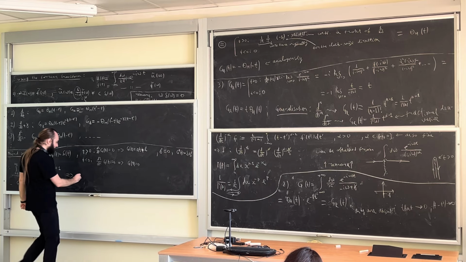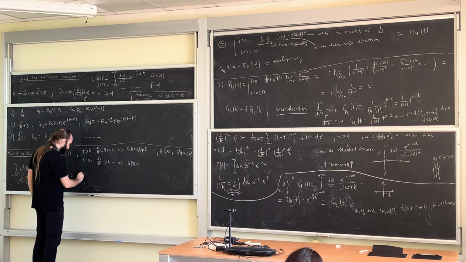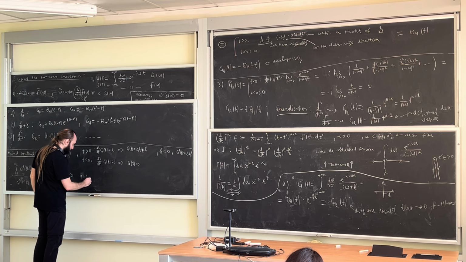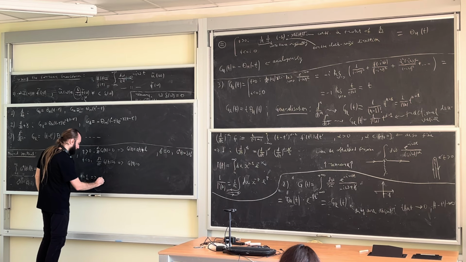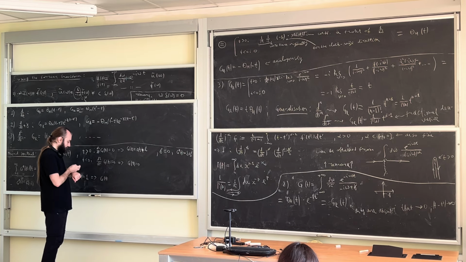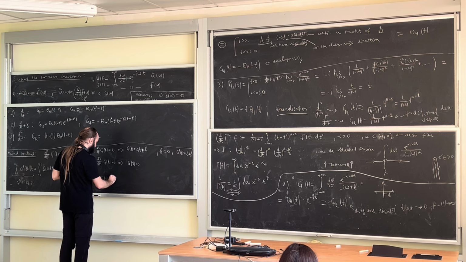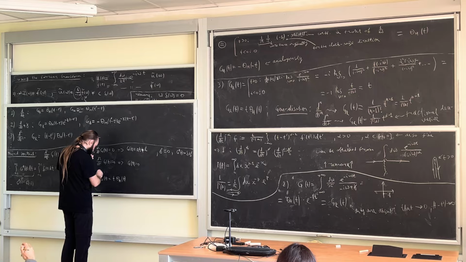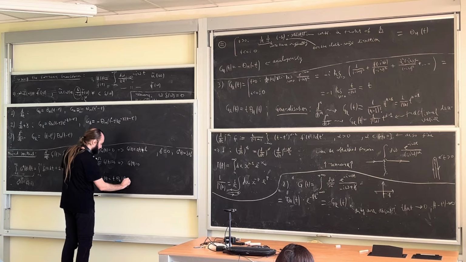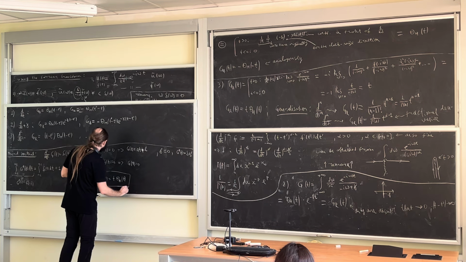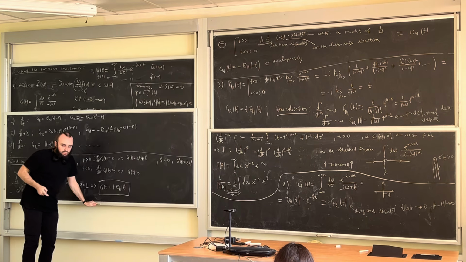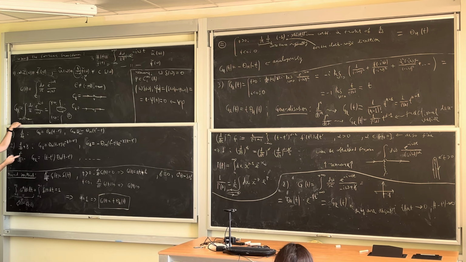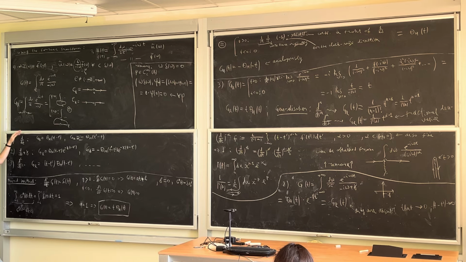Yes, thanks. So our Green function is t times Heaviside theta of t. If you look at other answers, they look the same way.